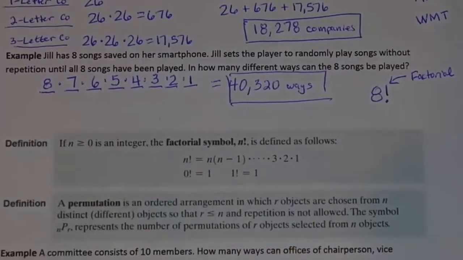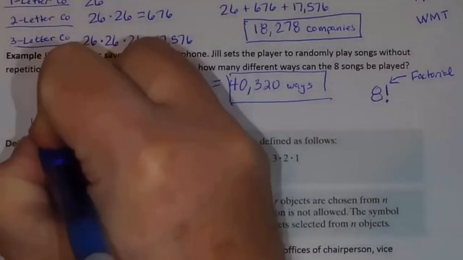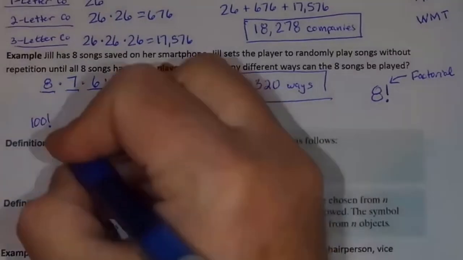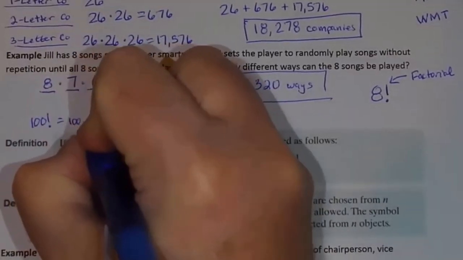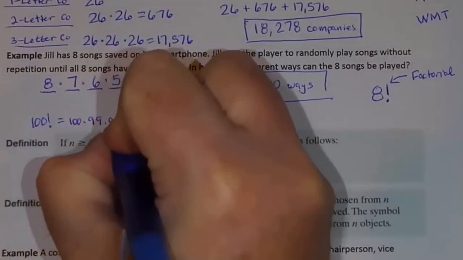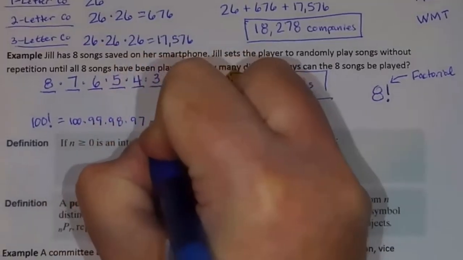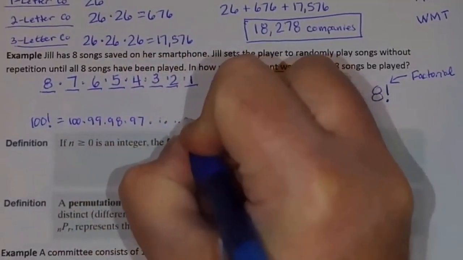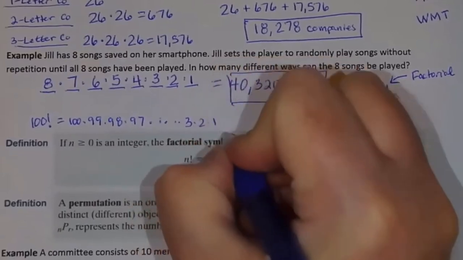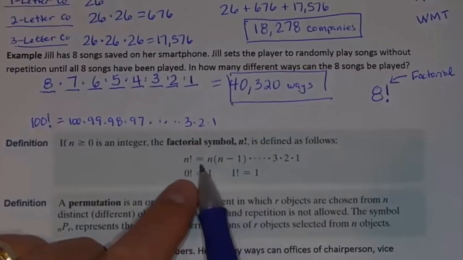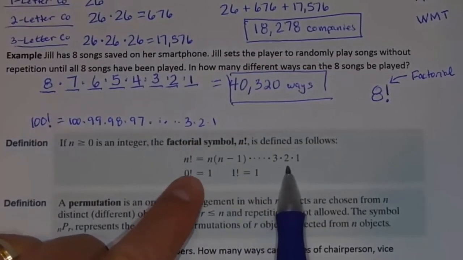So like, again, 100 factorial would mean 100 times 99 times 98 times 97, and so on until you got down to 3 times 2 times 1. Now there's 2 other parts to this definition.